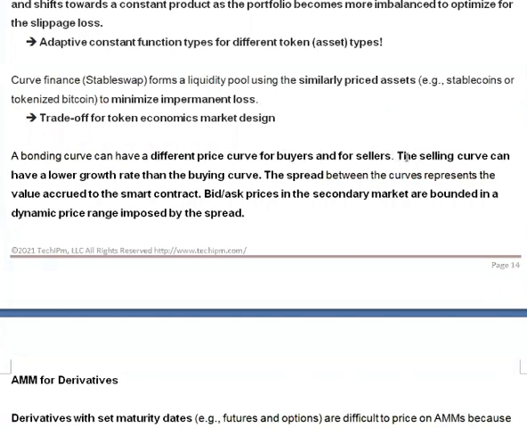The way you put this design is that if you have two curves, then in between the buying curve and the sell curve there is an area, and that is accrued to the smart contract.